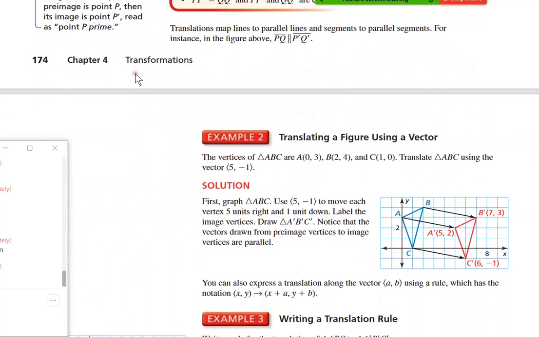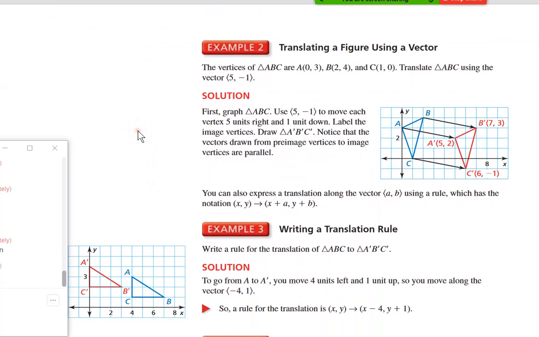Okay. So here's a typical problem. Here's the pre-image, A, B, C, and they're translating it to make A prime, B prime, C prime. You can literally take these points. I can take the coordinates of A. That's 0, 3. This is a point.